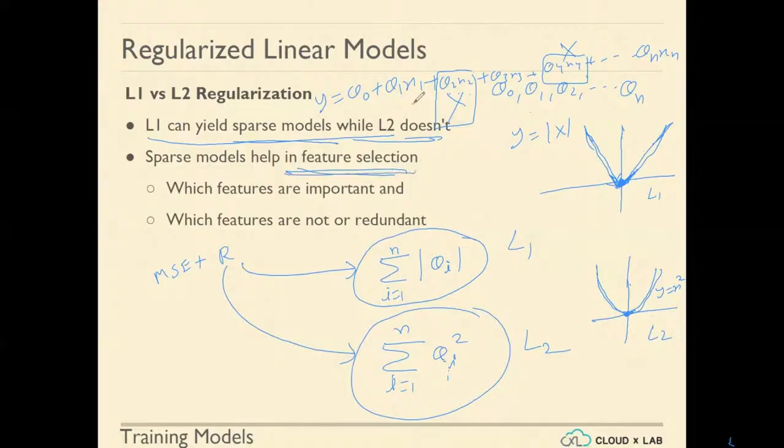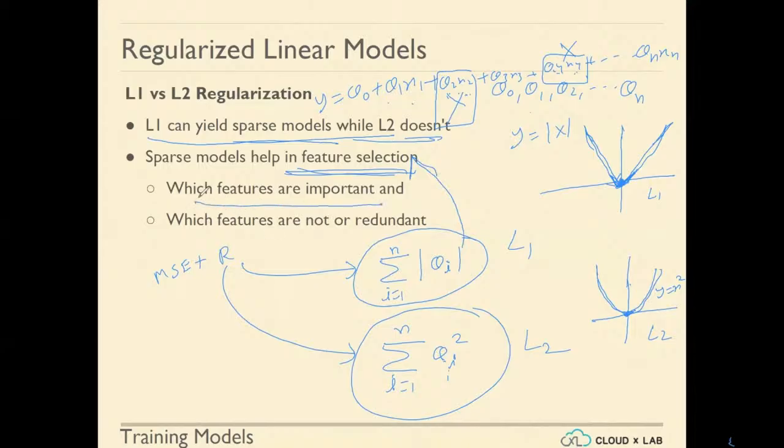So x1 feature is important, so that's why theta 1 is non-zero. x3 feature is important, so that's why theta 3 is non-zero. x2 feature is not required, x2 feature is redundant, so that's why theta 2 is 0. Here also x4 feature we don't require, so that's why theta 4 is 0, right? So this L1 we can also use for feature selection, right?